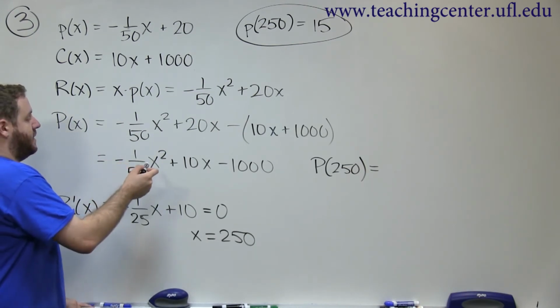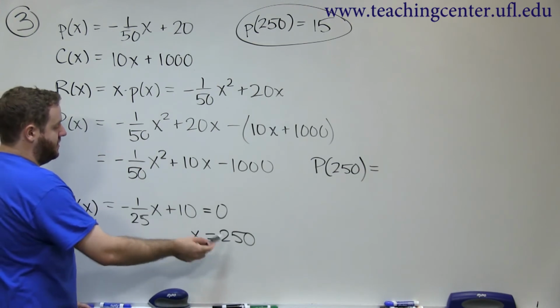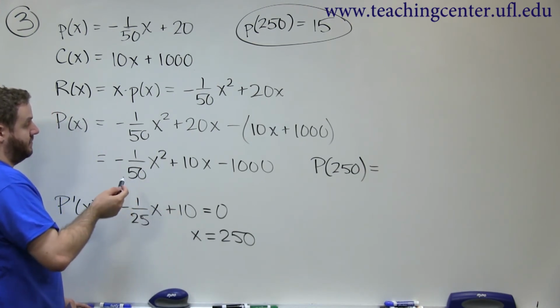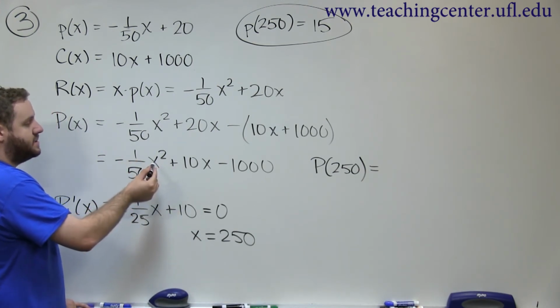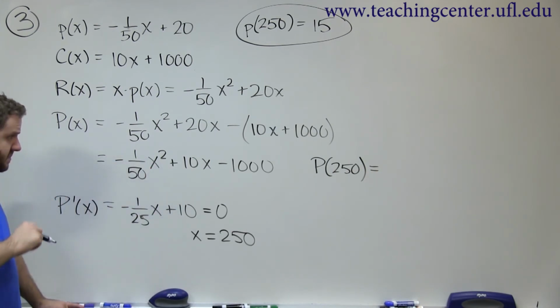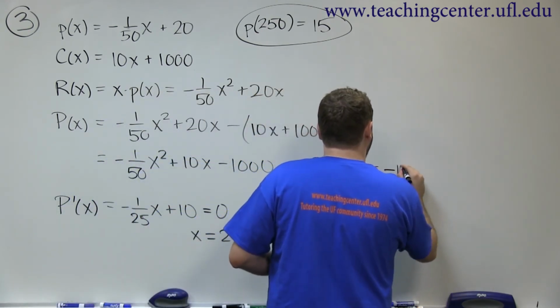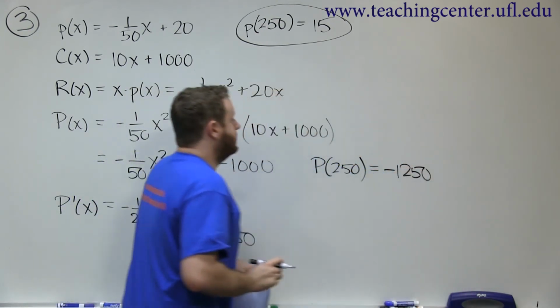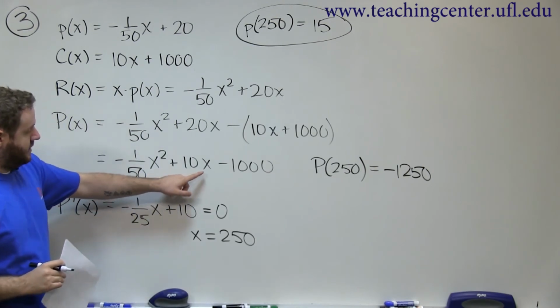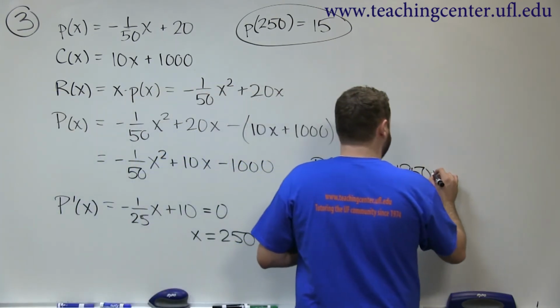We don't really need to figure out 250 squared because we know we're multiplying by 1 over 50. So 250 divided by 50 is 5. So we get 5 times 250, which would be 1250, and that's negative. We get 10 times 250, which is 2,500.